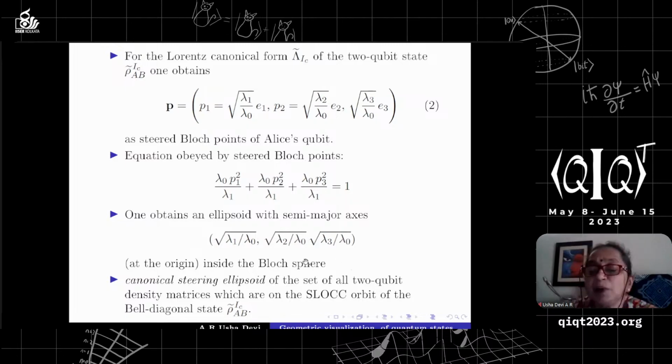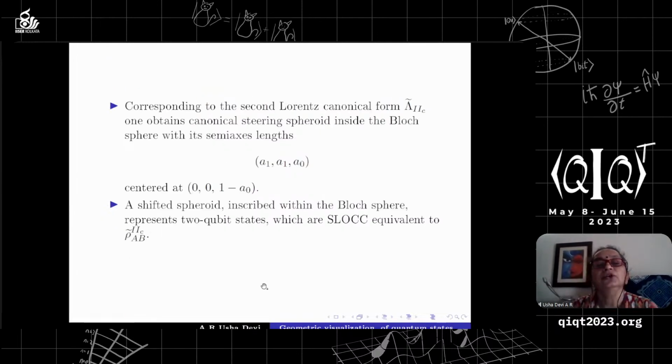Corresponding to a 2-qubit density matrix, if its lambda matrix is in a type 1 canonical form, I do get an ellipsoid centered at the Bloch sphere. So the set of all 2-qubit density matrices of the Bell diagonal state are ellipsoids with center at the origin of the Bloch sphere.